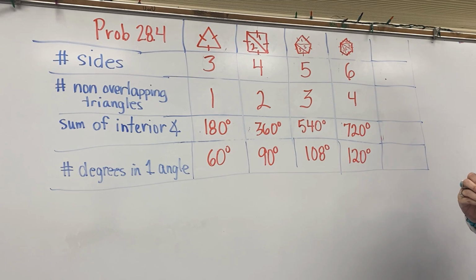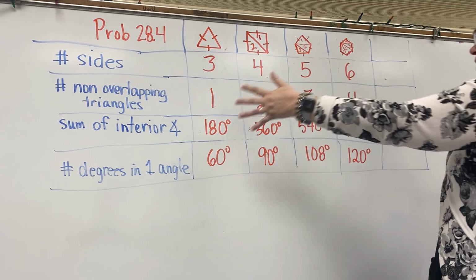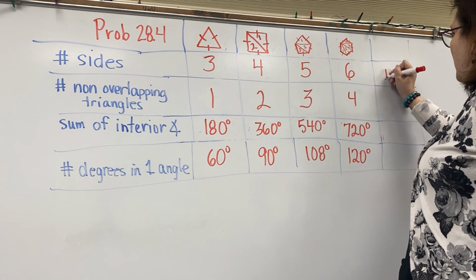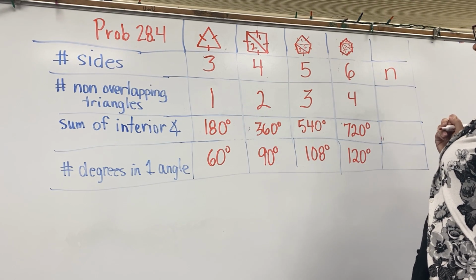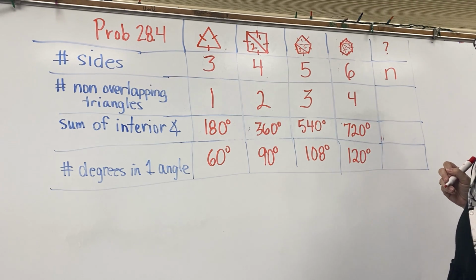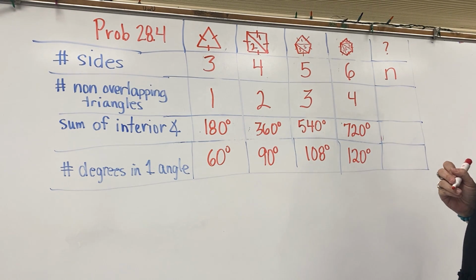All right. Now there's a pattern happening here. Obviously, as we increase the number of sides, all of these other numbers are increasing. But by how much? Let's say I have a 70-sided figure. What? 70? 100? 150?